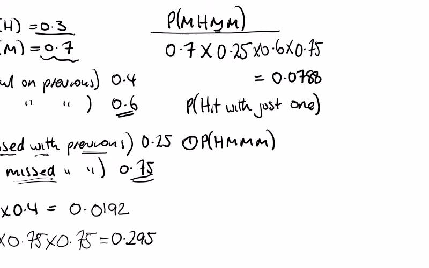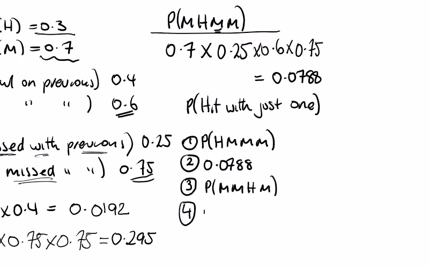The H, we have the position for position 2 from up above, 0.0788, that's when H is second. When H is third, we have the probability of MMHM. And when H is fourth, we have the probability of MMMH.